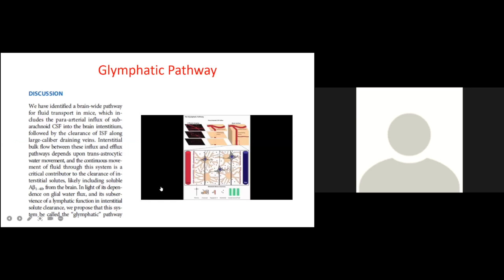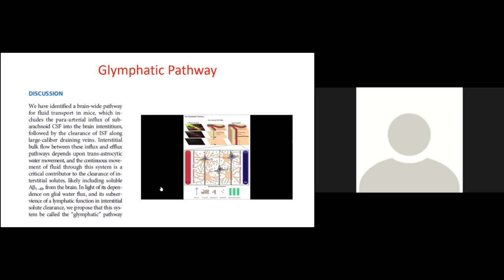This is the glymphatic pathway. From this paper, they identified a brain-wide pathway for fluid transport, which includes arterial influx of subarachnoid CSF into the brain interstitium, and also interstitial bulk flow between this influx and the efflux pathway depending on astrocytic water movement.